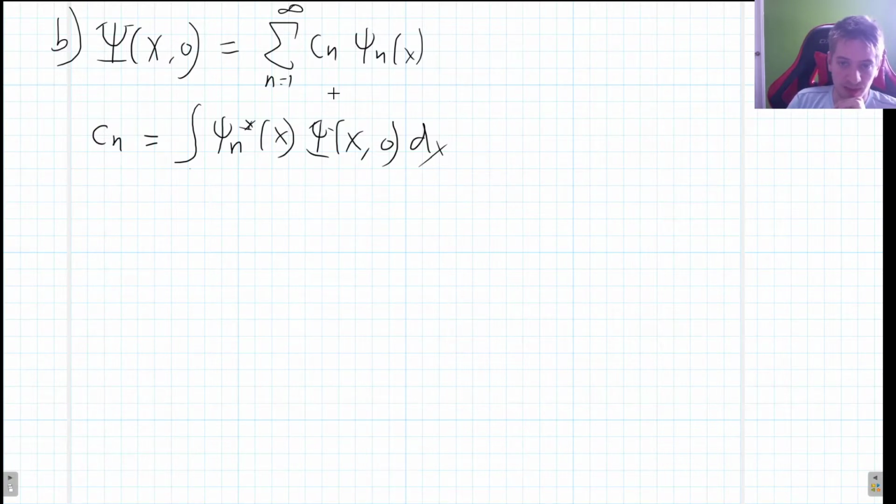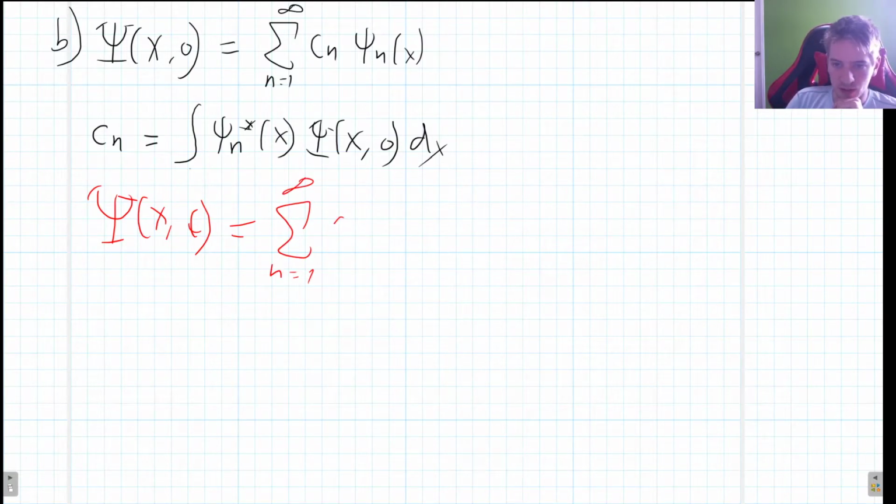We need to compute this integral so that we can then put it into our equation for psi of x comma t, which is just the sum of cn times psi n of x times e to the minus i En t over h bar.